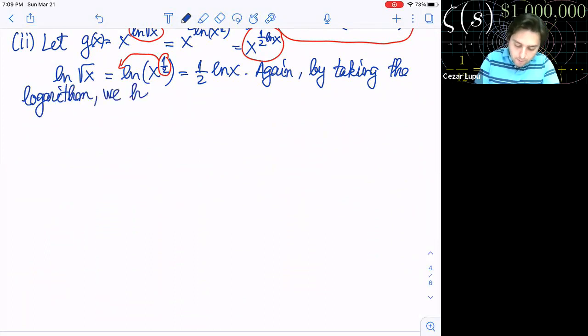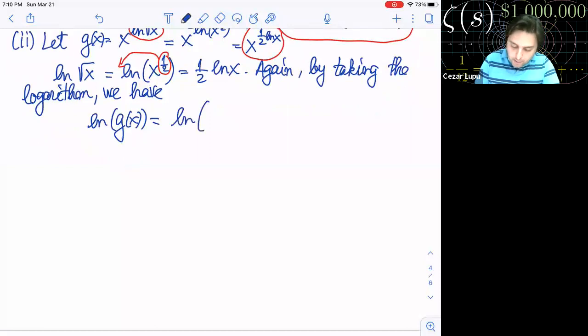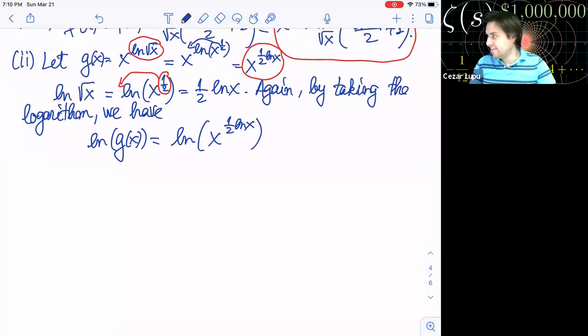So we have, let's see, what do we have? We have ln of g of x is equal to ln of x to the power 1/2 ln of x, right? Okay, you see, now we can do more algebra here.